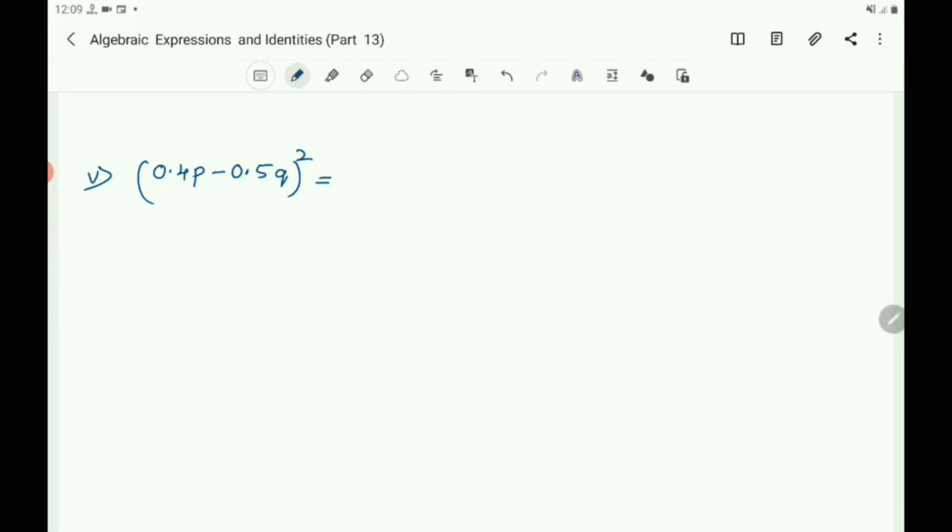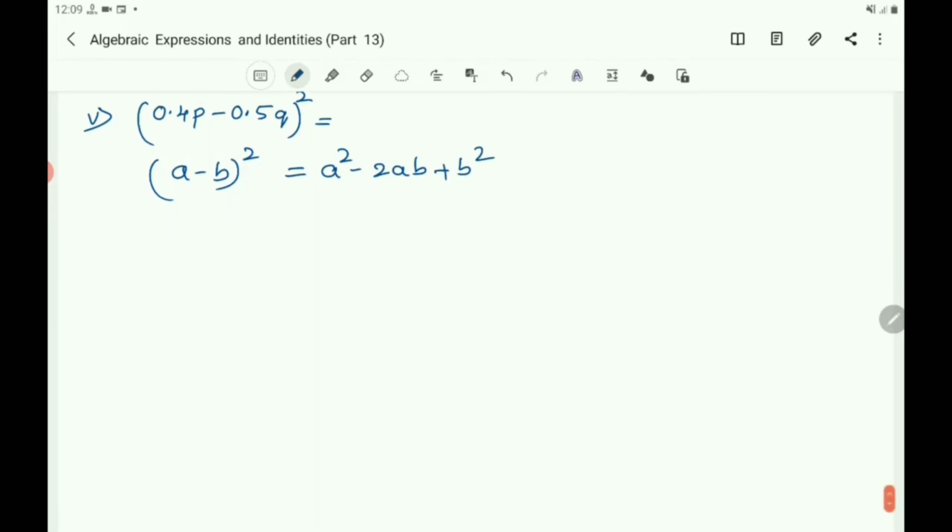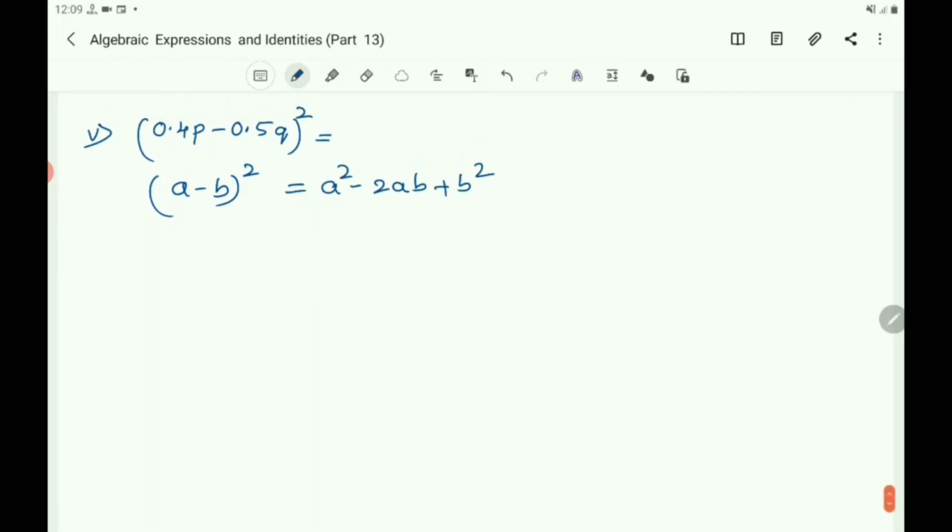So you write the identity a minus b whole power 2 equals a square minus 2ab plus b square. Then you write 0.4p minus 0.5q whole square equals a square. Here in the place of a, 0.4p is there. In the place of b, 0.5q is there.